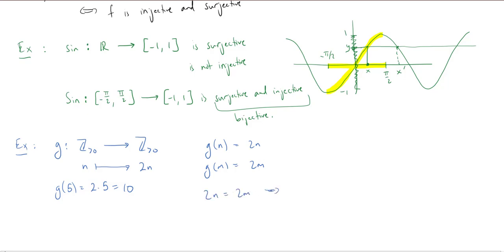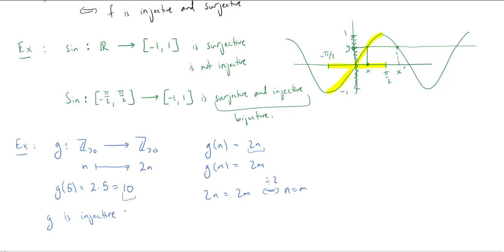Well, sure, but only, divide by 2 here, only if n is equal to m. So the only way that you're going to get a preimage for the number 2n is by taking n. For example, 2 times 5 is 10, so 5 is a preimage of 10. Is there any other number that when you double it gives you 10? And the answer is no. So g is injective.